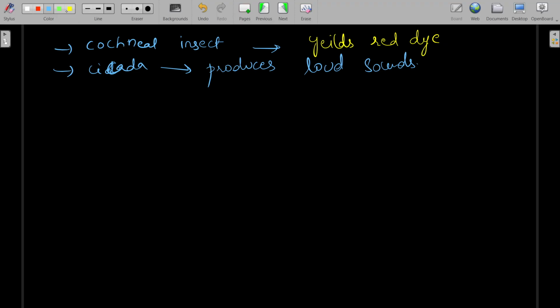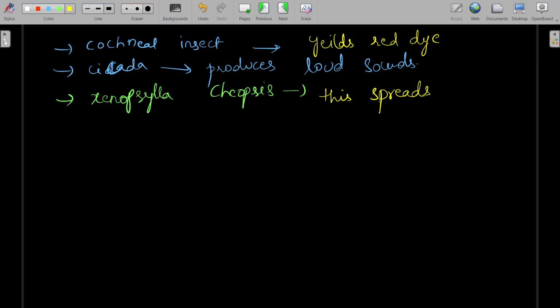Okay, next, Xenopsylla cheopis. This spreads bubonic plague. As we can see, there are no cases of plague now, so there is no work for this insect.